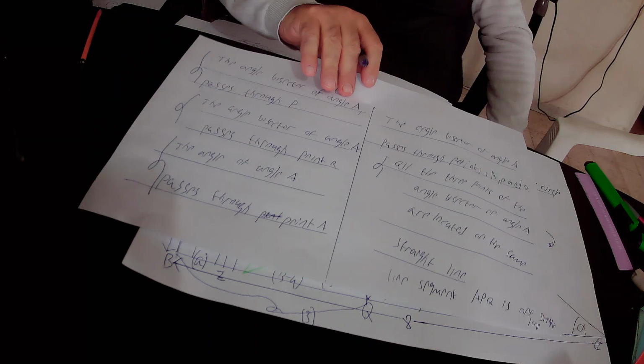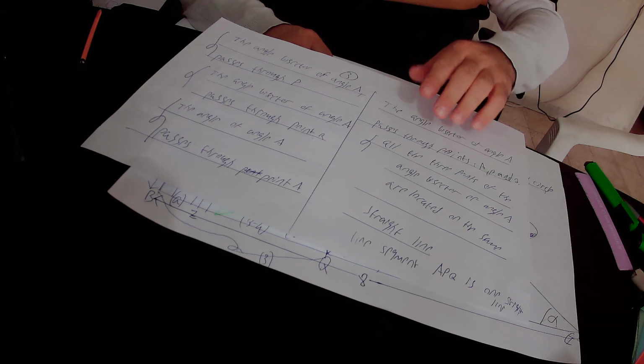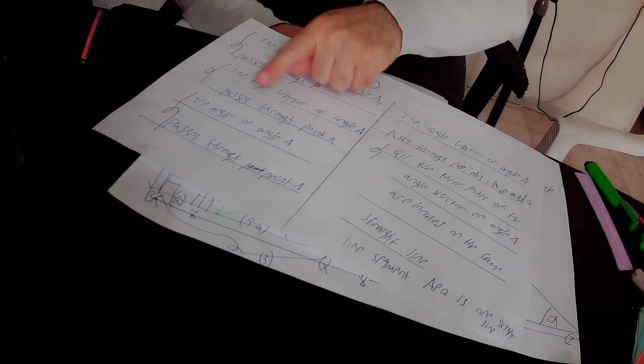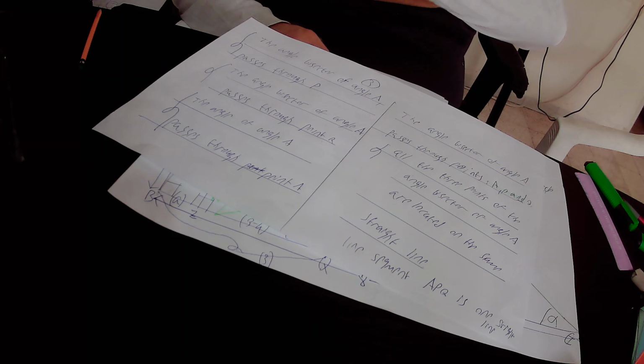So here I wrote it down that the angle bisector of angle A passes also through point A.